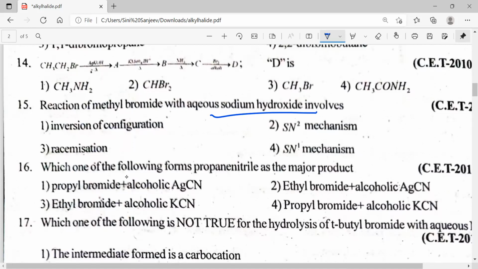Inversion of configuration, SN2 mechanism, racemization, and SN1 mechanism. Let me know the answer of this. Is it SN1, SN2, racemization, or inversion of configuration? Reaction of methyl bromide, CH3Br, with aqueous sodium hydroxide.